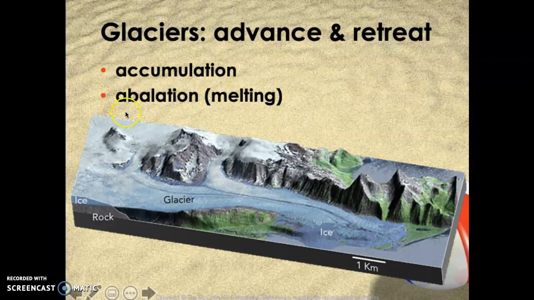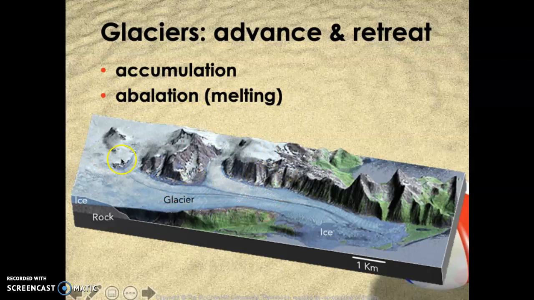If the melting exceeds the amount that's being added, then the front will slowly melt back. And one of the things to remember about a glacier is the ice is always moving forward. The ice does not flow backwards. Remember, we're adding pressure here, and that's pushing the ice out through that ductile flow.